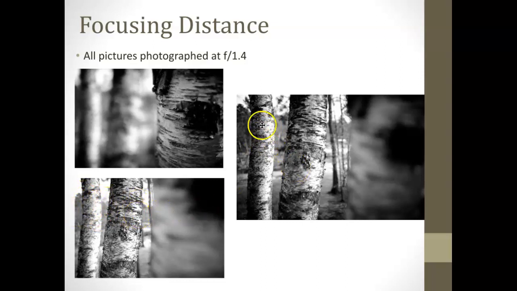And then this is focusing on that further tree, so the third tree in this little line. There's still some blur going on in the background. You're not going to totally get rid of it at f1.4, but it's showing that you can have the background be a little bit more unfocused if you're focusing at a further distance from the camera.